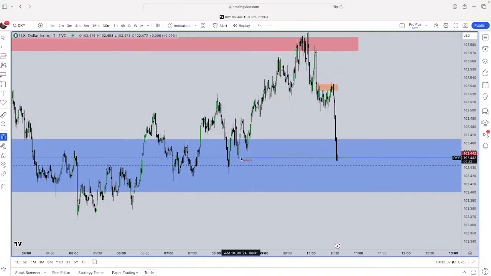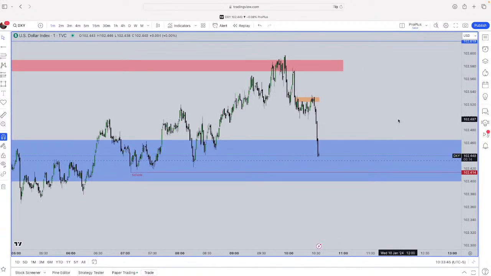So next would be the outside high to be taken, midpoint, and then also these equal lows down here. Nice, bro, nice. I'll definitely take partials though. Definitely take some partials.